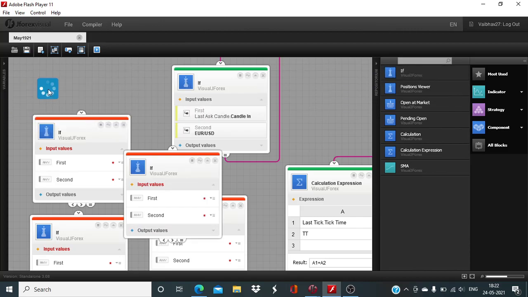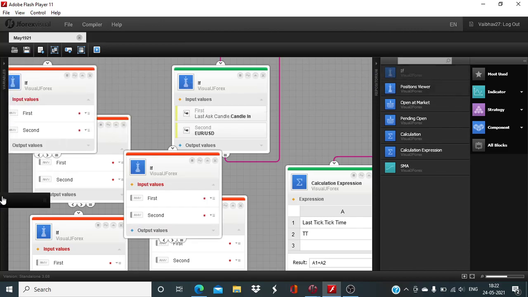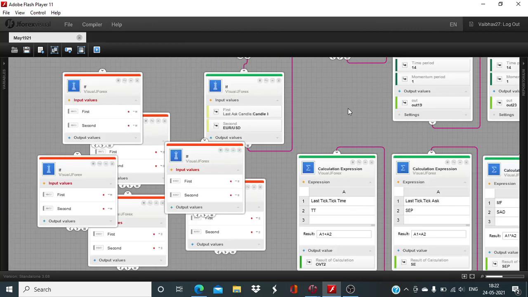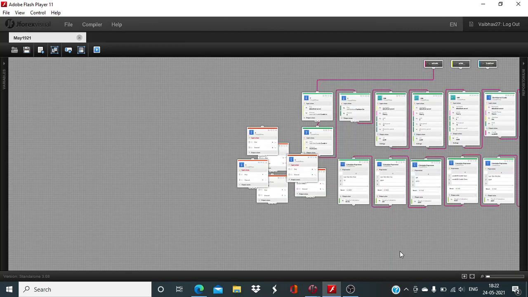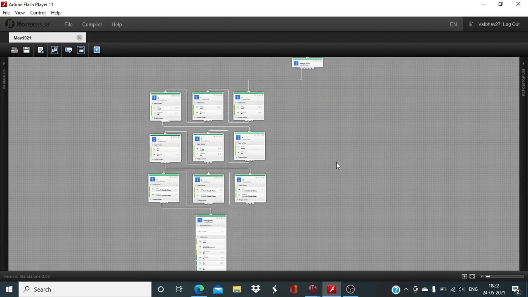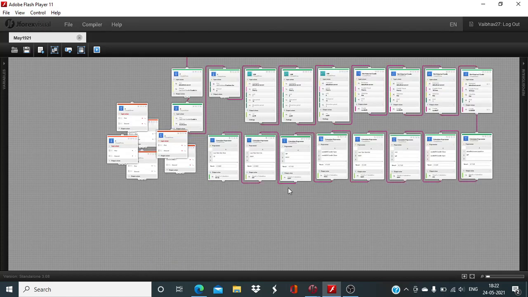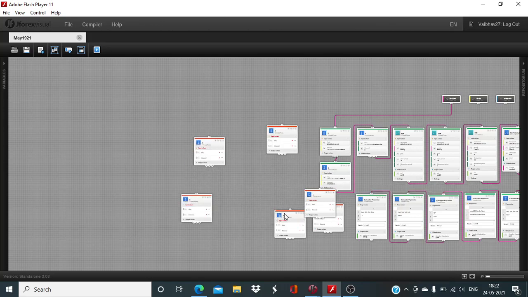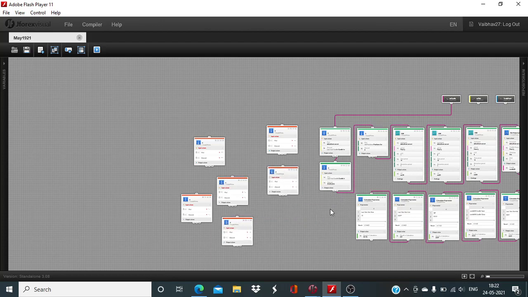So we will have to make sure that the number of if blocks matches the number of if blocks we used while defining the buy trade requirements. These are 9 if blocks, so the same number of if blocks should also be used this time around. The conditions should be mirror images of each other.